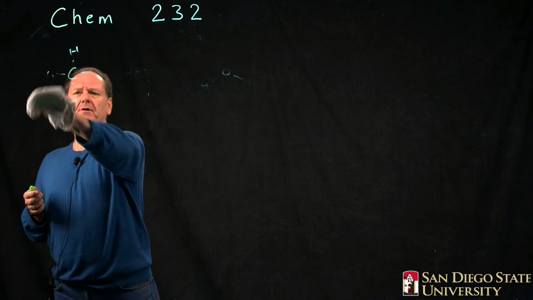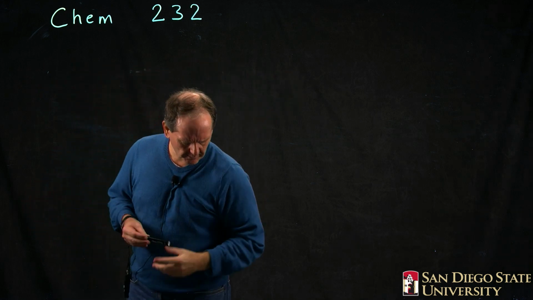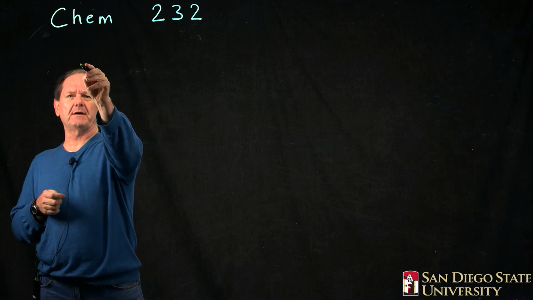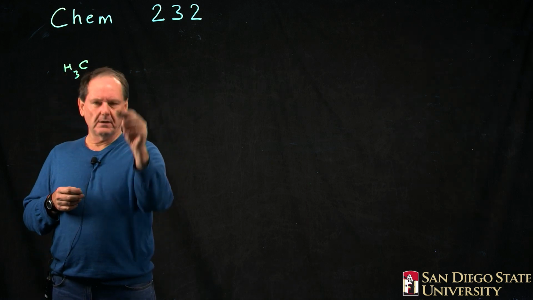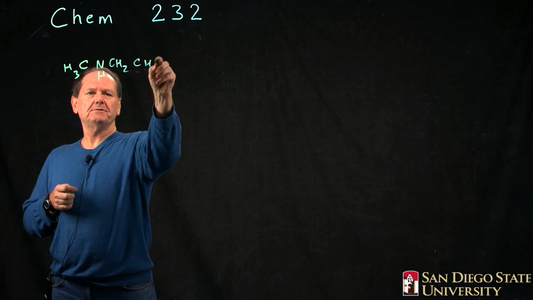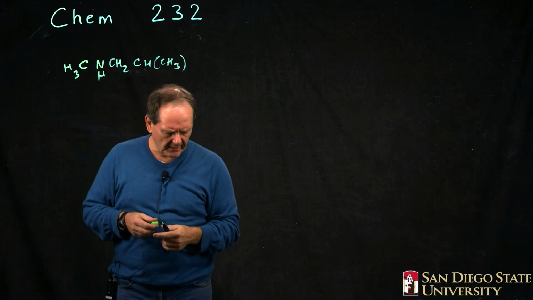We're going to start out with drawing a molecule in what we call a condensed structure. For instance, something that looks like this: CH3, NH, CH2, CH, CH3. Of course, this looks very complicated as is.